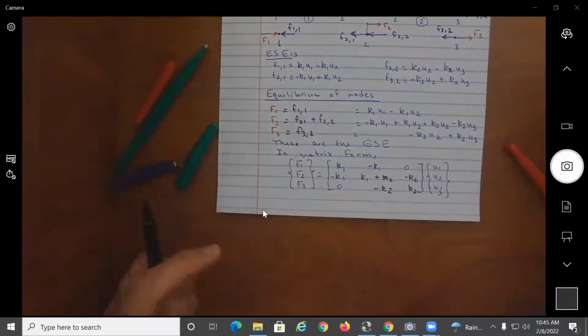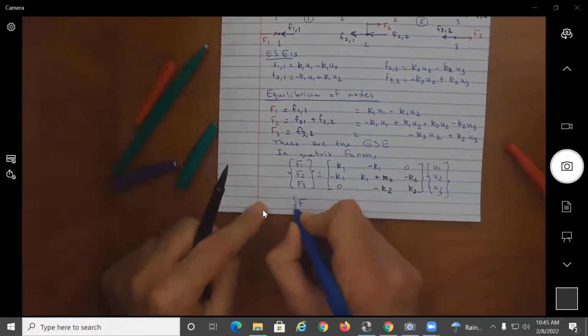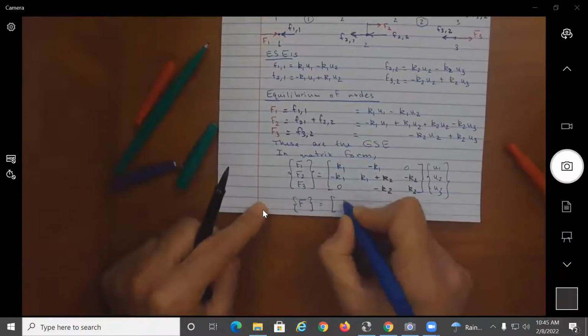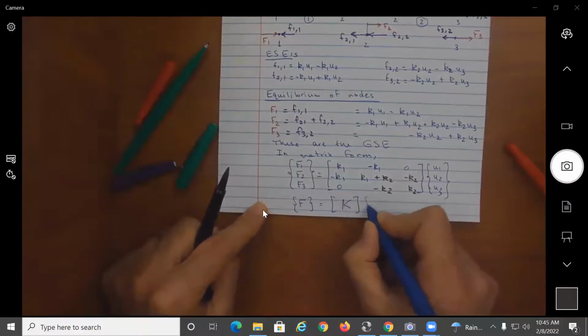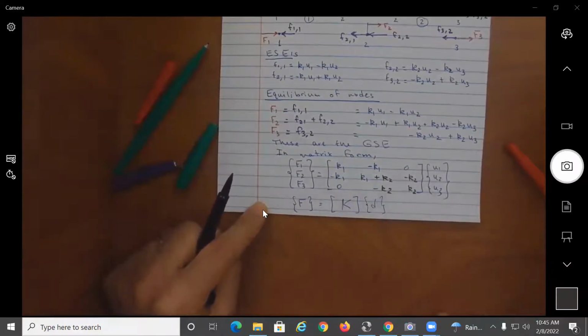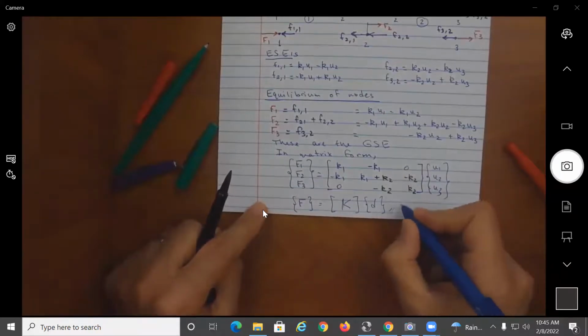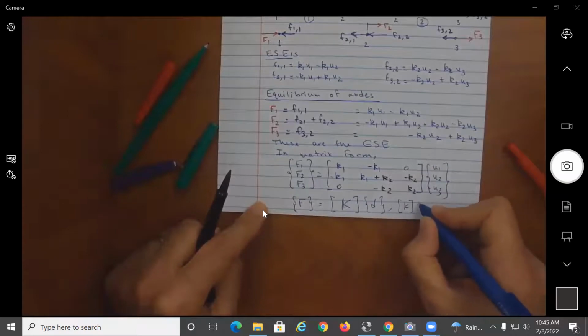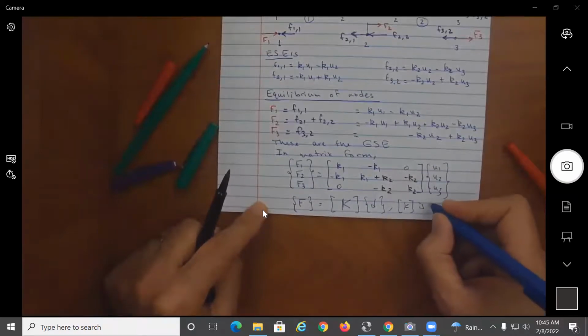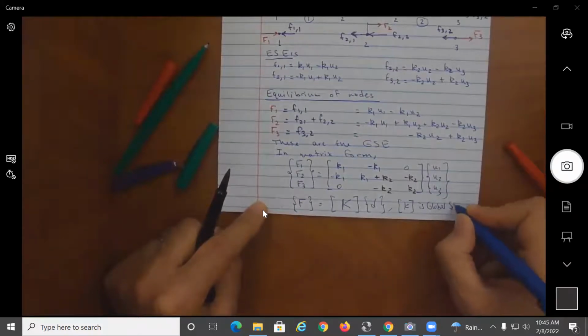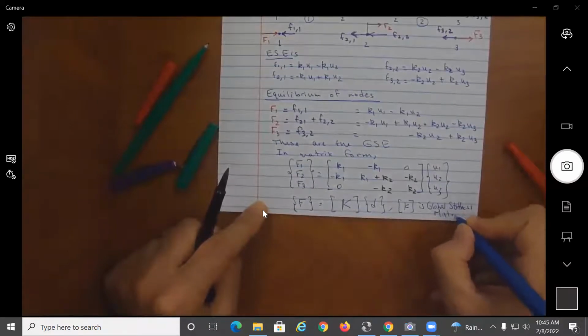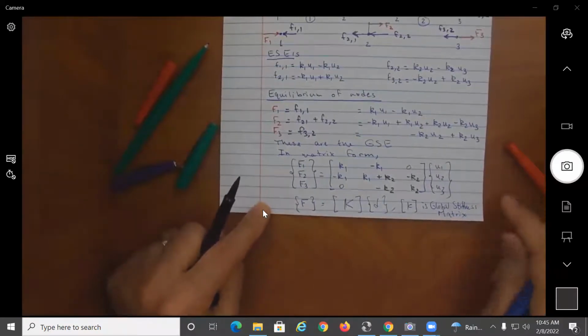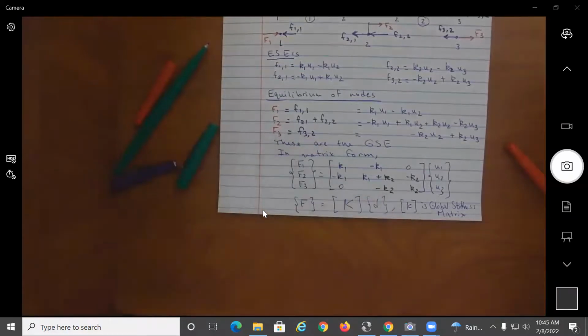Which we can write as uppercase F equals this uppercase K multiplied by D, where K is the global stiffness matrix. I have a few comments here to mention.